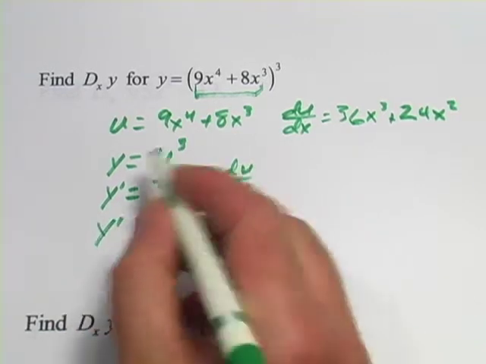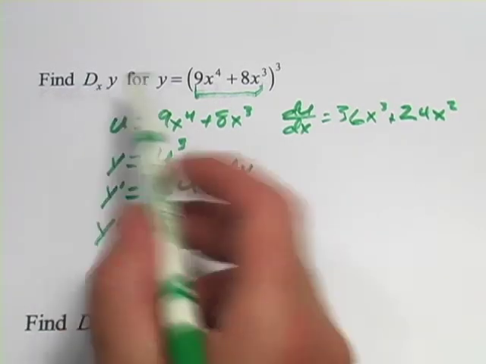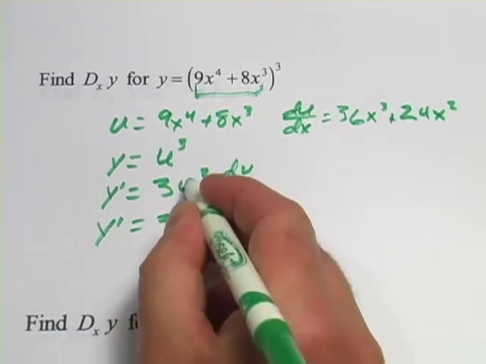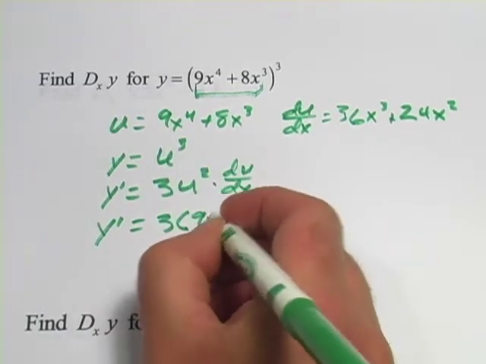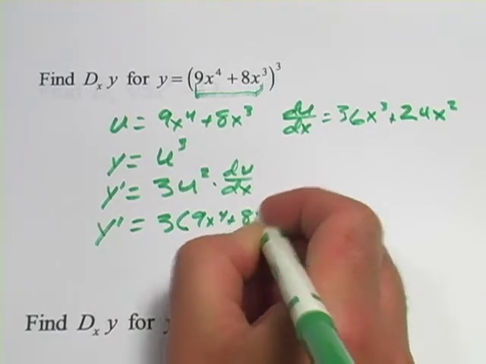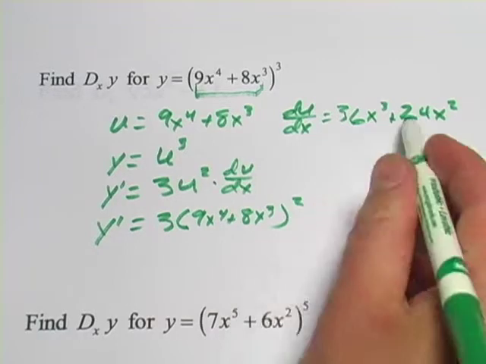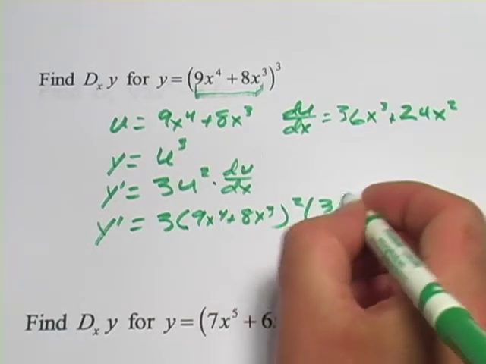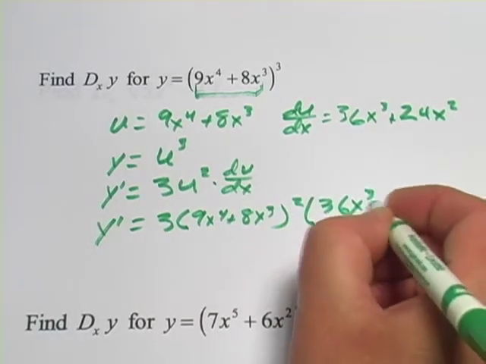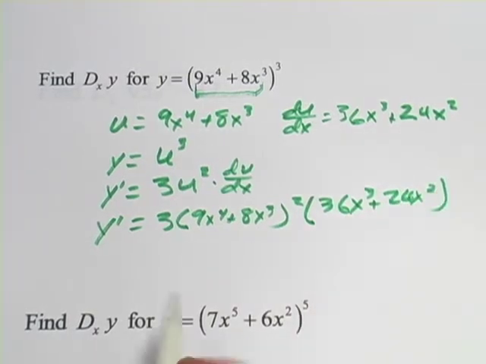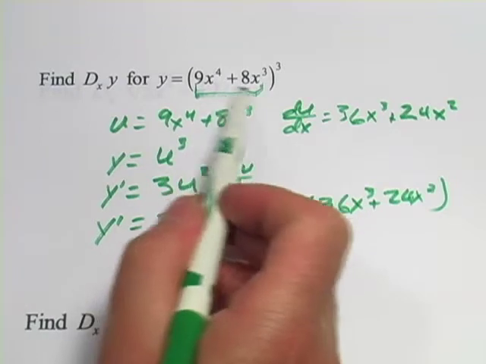So y prime here, or big D sub x of y, is 3 times, and I'll put u back in. U is 9x to the fourth plus 8x cubed, and that's quantity squared now, and times du dx, which is 36x cubed plus 24x squared.